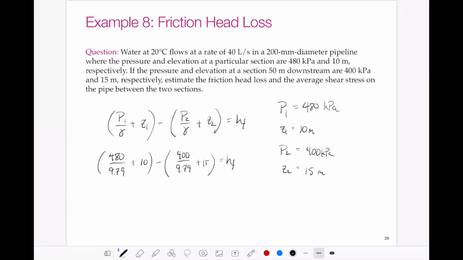And I don't have the solution in front of me. Who can calculate that for us?